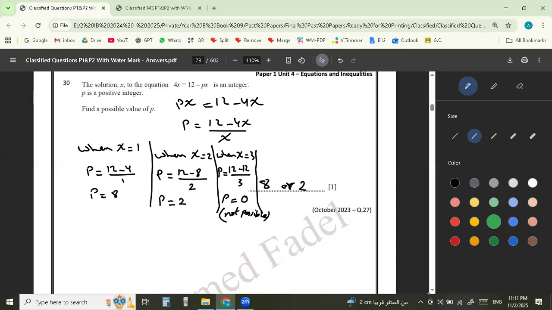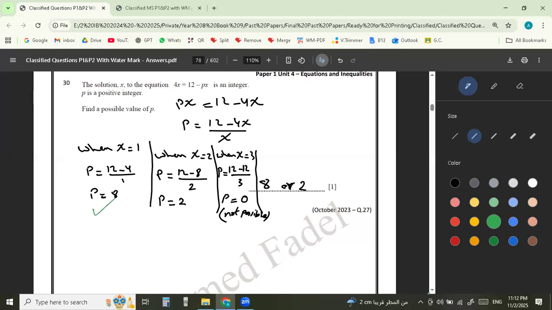Try now an integer for x that will give you a positive value for p. If you try the 1, so 12 minus 4 times 1, which is 12 minus 4, over 1, that's when x is 1. It will give you p is 8, which is a positive value.